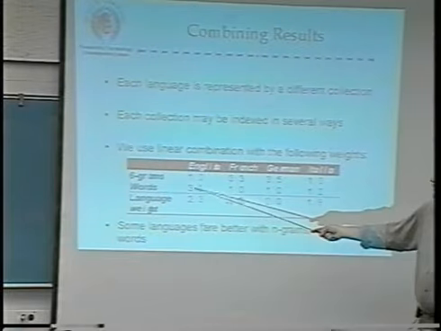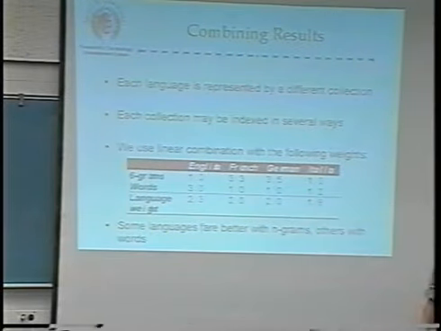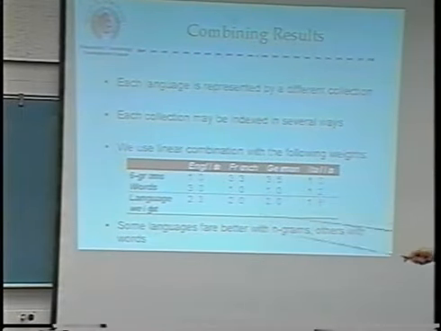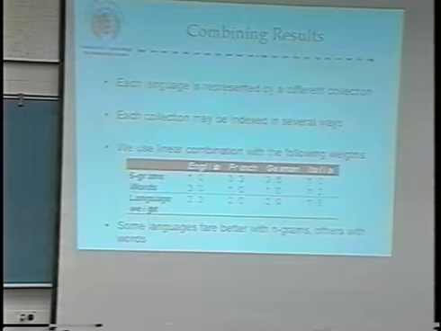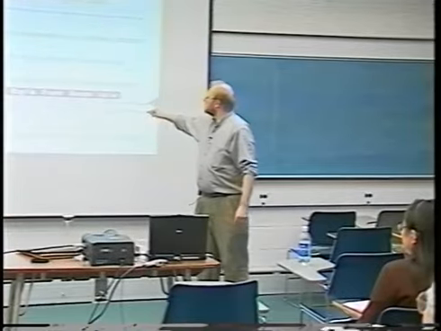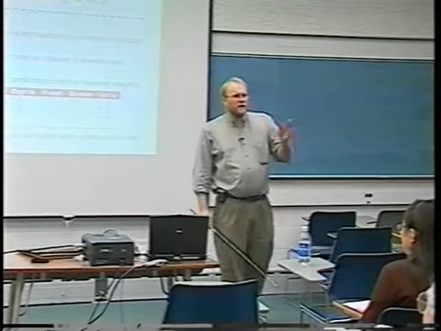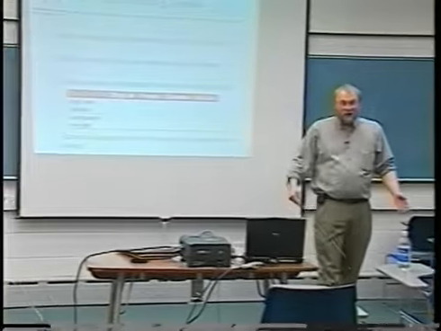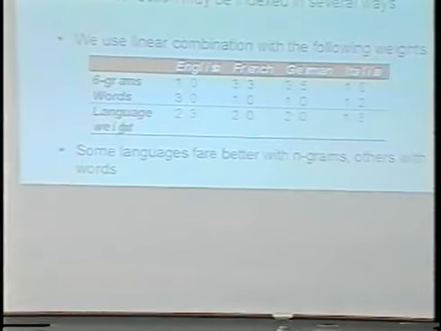So we weighted the word results 3 times the weight of the 6-gram results. That was very different in German. In German, 6-grams worked significantly better than words, and I'll talk about that in a minute. So we had these within-language weights, and then we also weighted the languages to indicate that, well, English results are just better than the results in the other languages. Italian was worse.